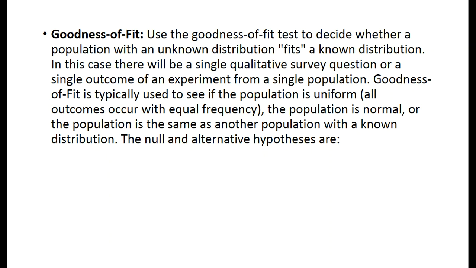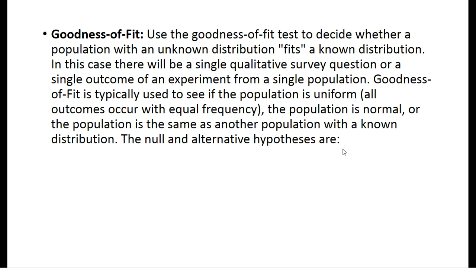And that's important because with our other two chi-square tests, independence and homogeneity, we have more than two populations, so we're comparing that using a contingency table. The goodness of fit test is typically used to see if a population is uniform, so all outcomes occur with the same equal frequency, but we don't actually have to have that. We just have to have some kind of known distribution to compare it to.